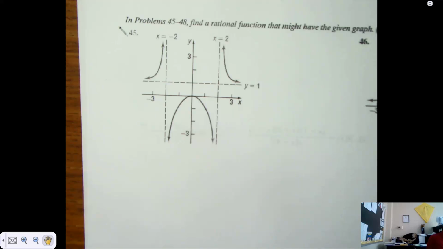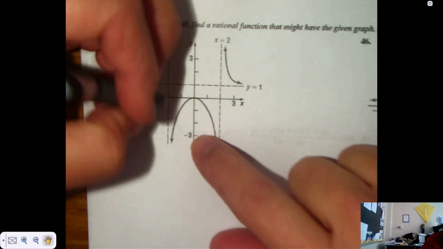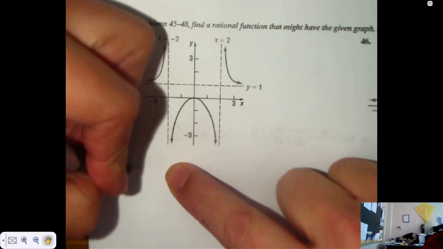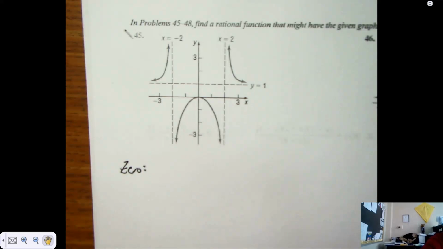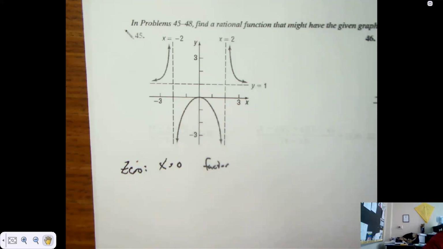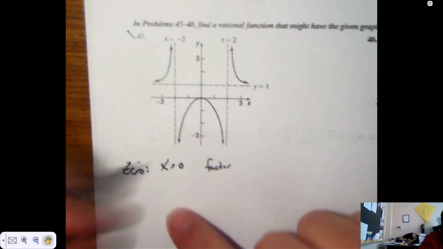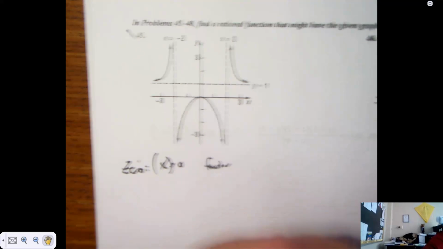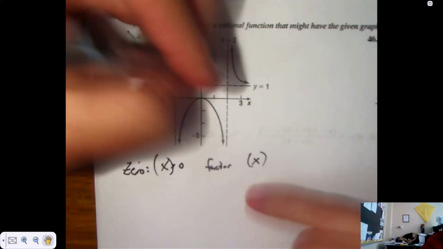45. So you're supposed to find a rational function that might have the given graph. This thing has a 0. It's at x equals 0. What's the factor that creates x equals 0? It's literally this piece right here. Factor is just an x. This is a touch too.